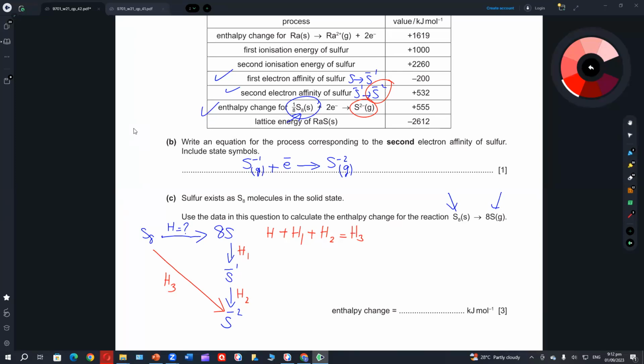We will substitute the values. So we will have H plus H1. 8S to S minus 1 is minus 200.